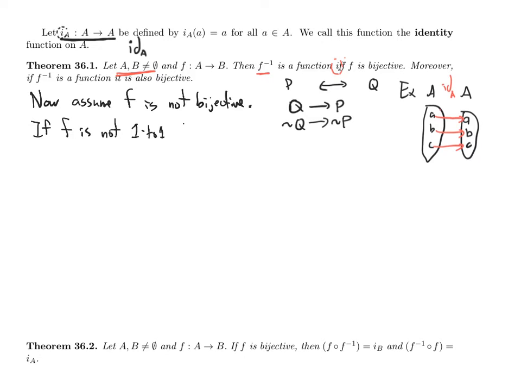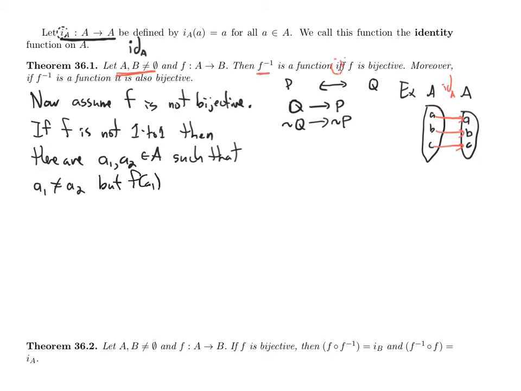That means there are elements a1 and a2 in A such that a1 and a2 are actually different elements, but f of a1 indeed equals f of a2.